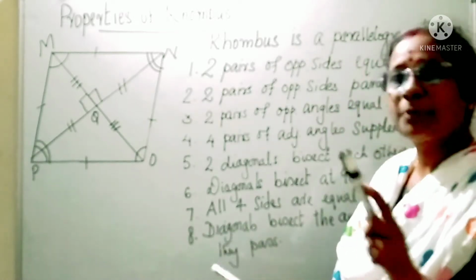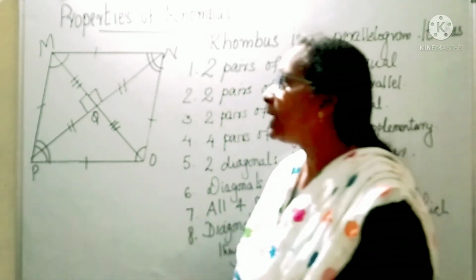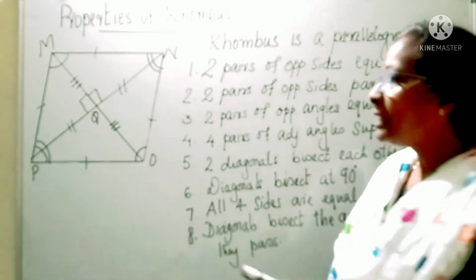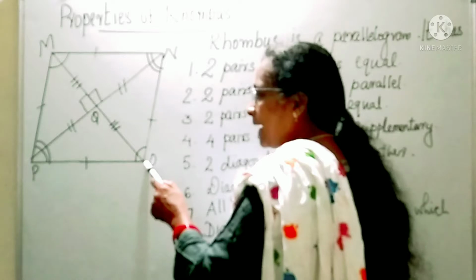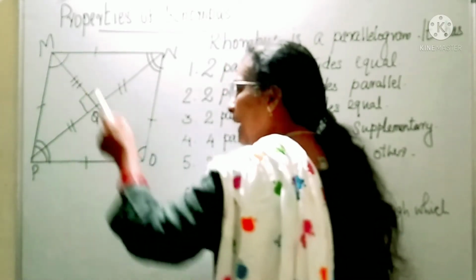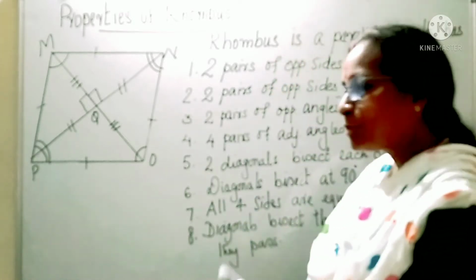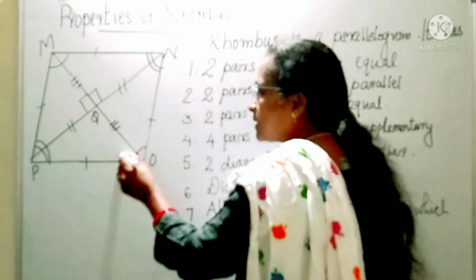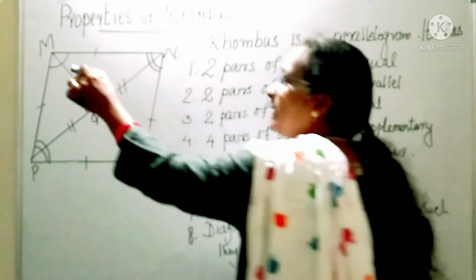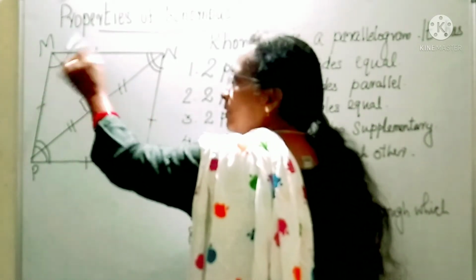Now the last property is that the diagonals also bisect the angles through which they pass. That means if I draw a diagonal from here to here, this diagonal passes through angle M and angle N. So these two small angles formed here will be equal. Similarly, these two small angles will be equal.